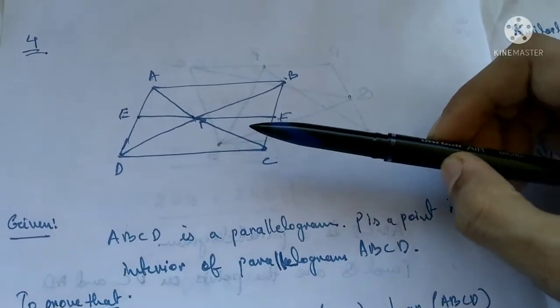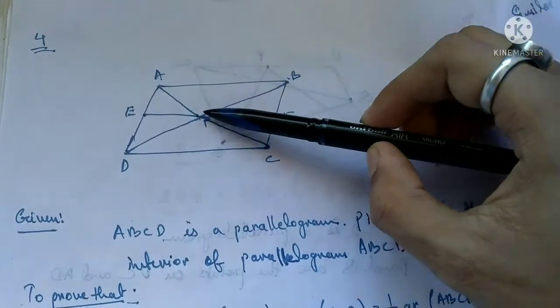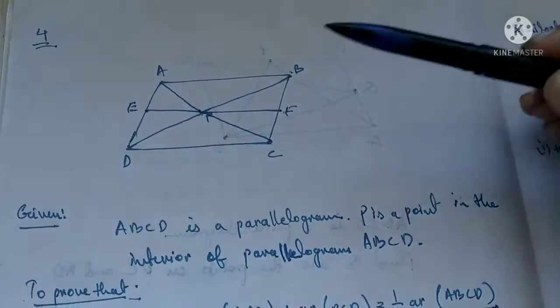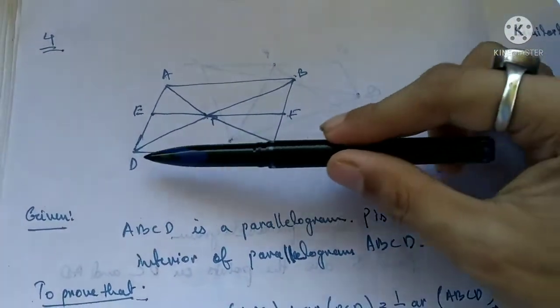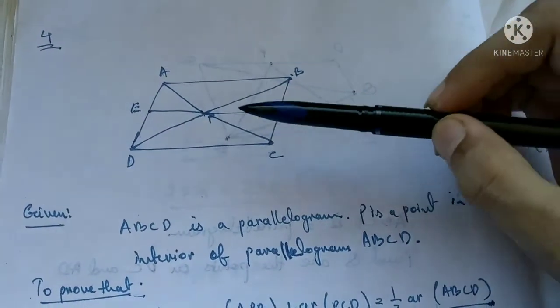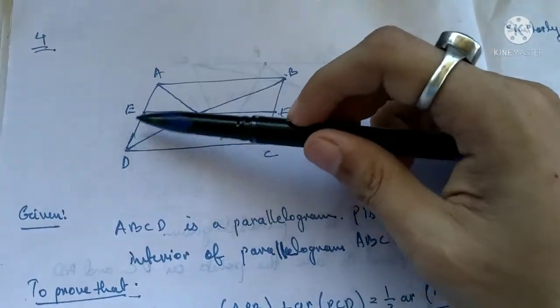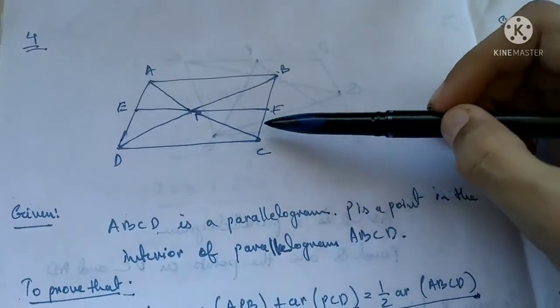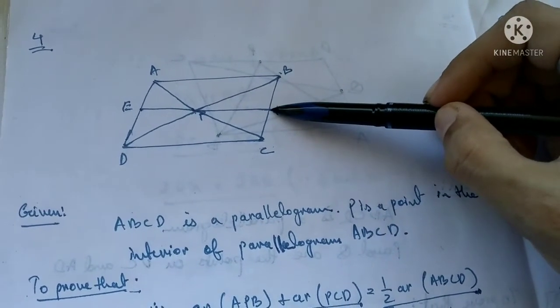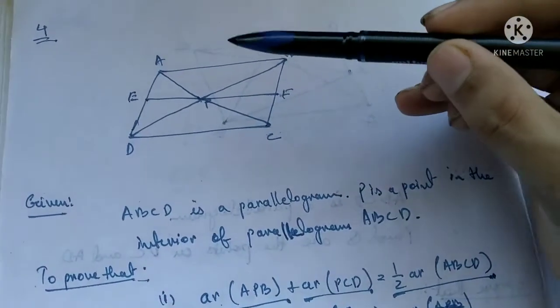This sentence you will have to remember. A line is drawn through P parallel to DC, which intersects AD at E and BC at F. Now I have to prove what I have to prove here.